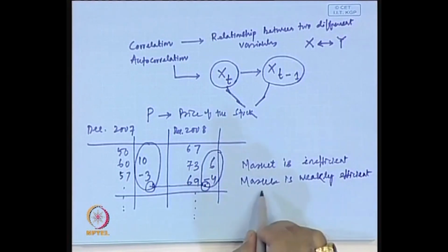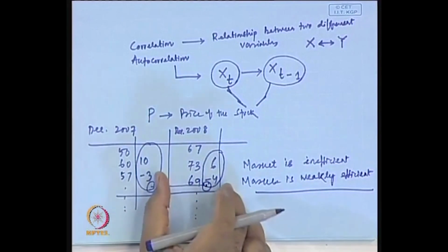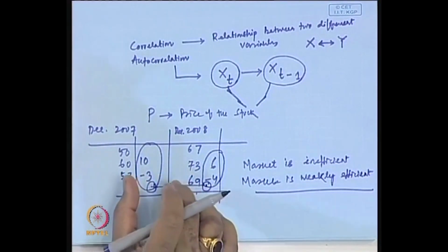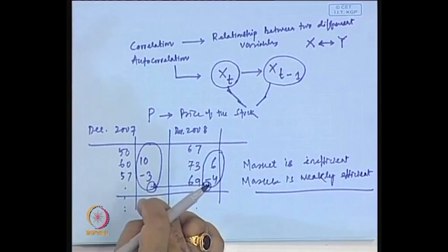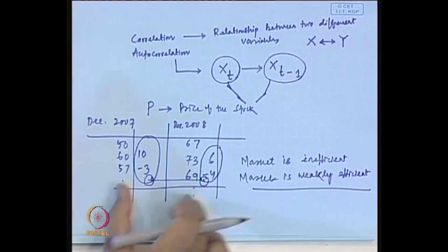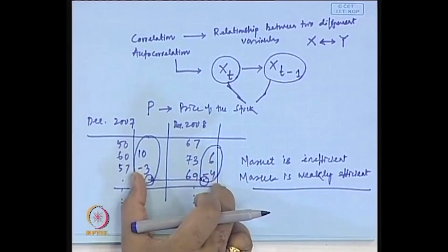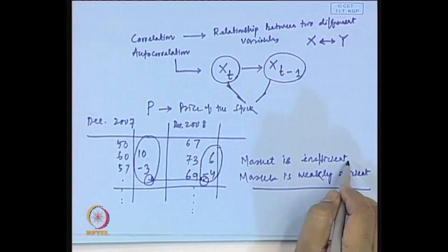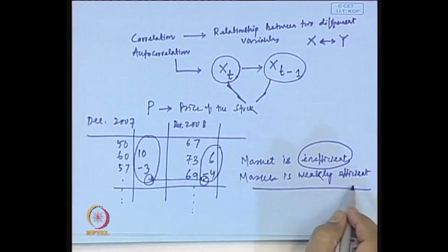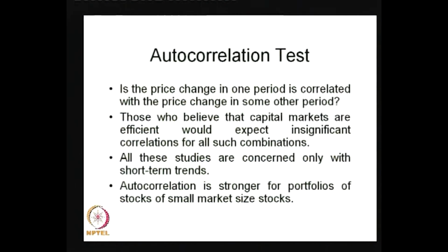So, what basically we do here is test the relationship between a particular stock return of a particular period with another period, and from this correlation data, we can say whether the market is efficient or inefficient. All these studies are concerned only with short term trends. So, from this we can only test market efficiency in the short term.